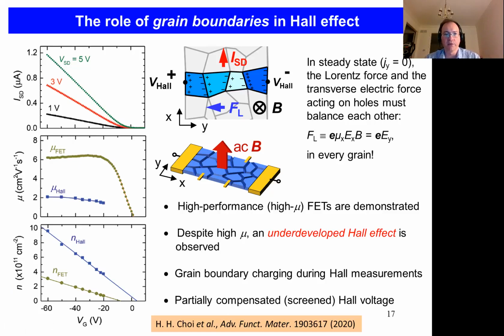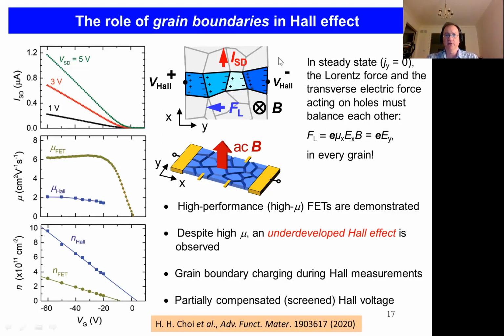There would be too small a fraction of hopping carriers to account for such a huge difference, such a strongly underdeveloped Hall effect. Therefore we started thinking about other possible mechanisms, and we were thinking about grain boundaries. It turns out something here can explain this behavior.